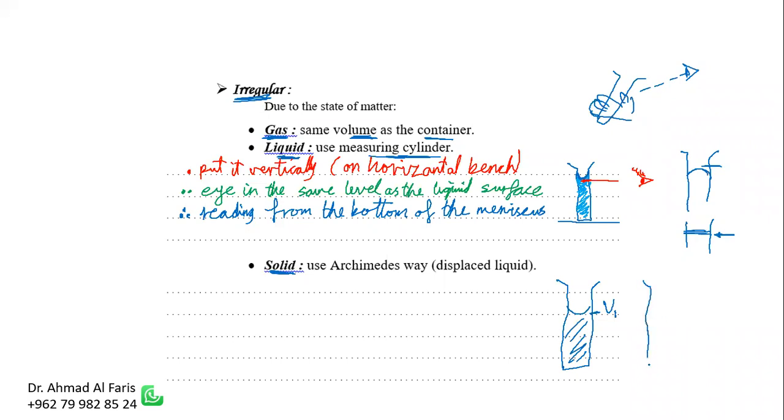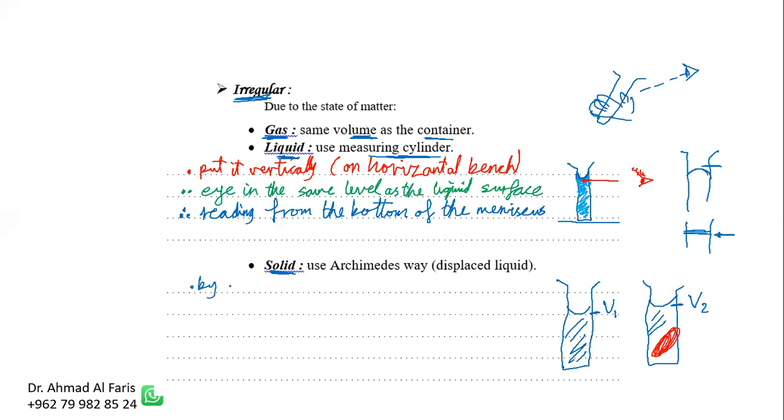Then we put the irregular solid object inside it, for example a stone. What will happen to the liquid level? It will rise a little bit. So we take the new reading, V2, and subtract the two readings to find the volume of this object.